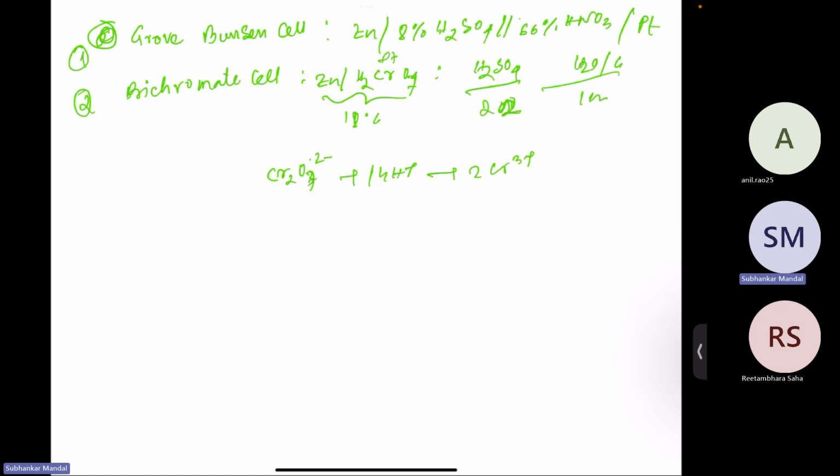I think this equation we learned during the chromic acid titration. At that time we became familiar with this reaction, right? So this is potassium chromate. So this is one of the questions.